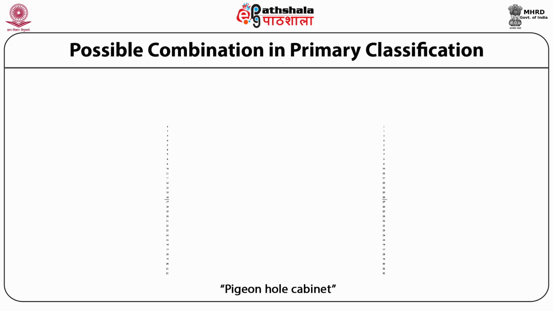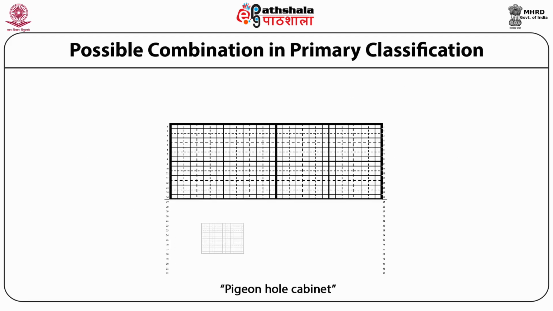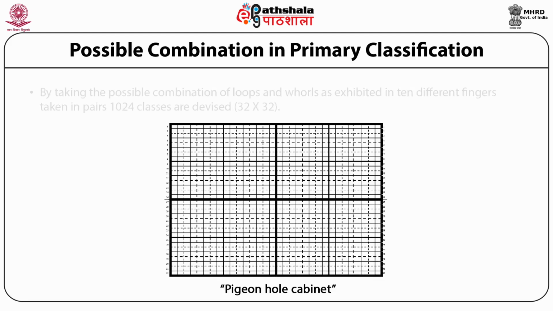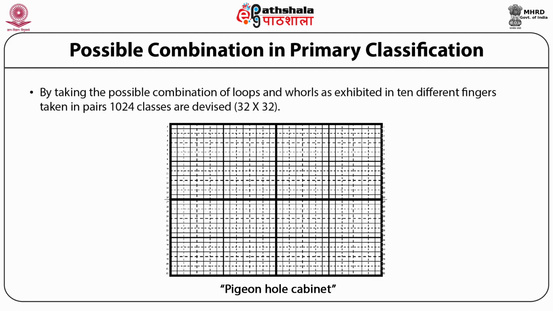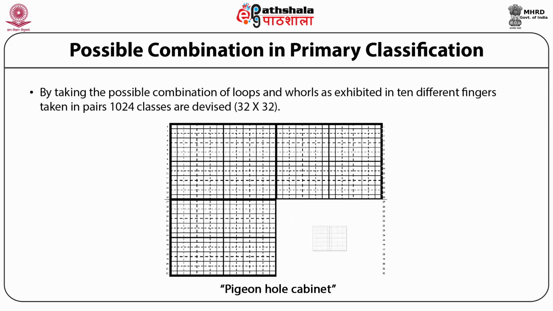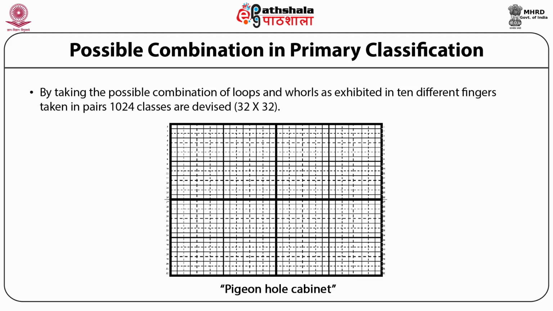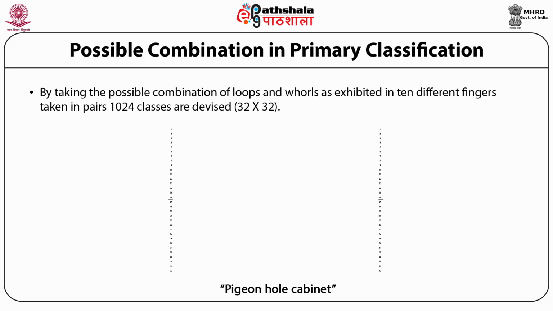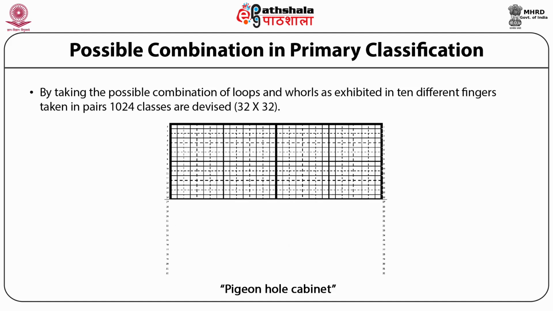The pigeonhole almirah with 1024 holes. By taking the possible combinations of loop and whorls as explained in 10 different fingers taken in pair, 1024 classes are devised. That comes from 32 multiplied by 32.